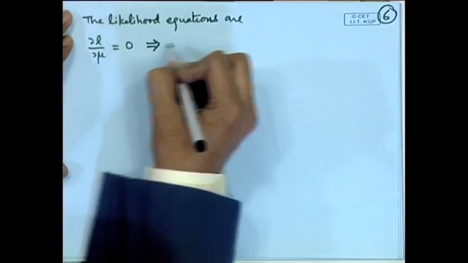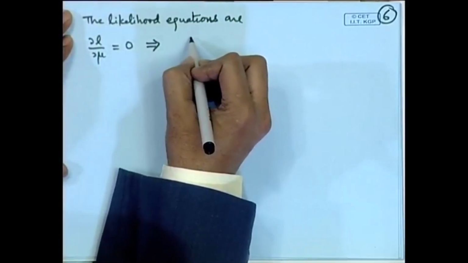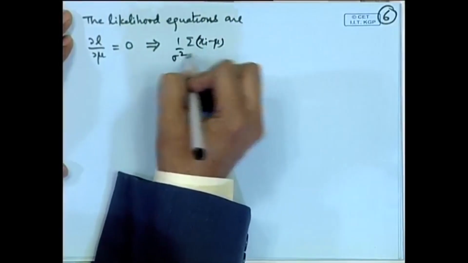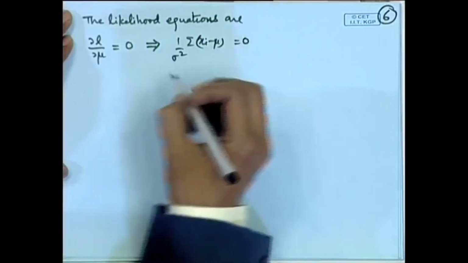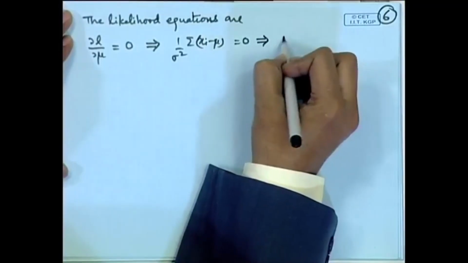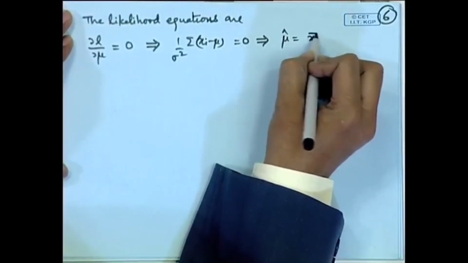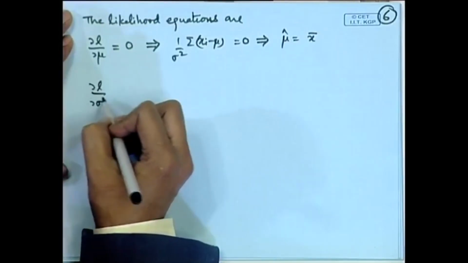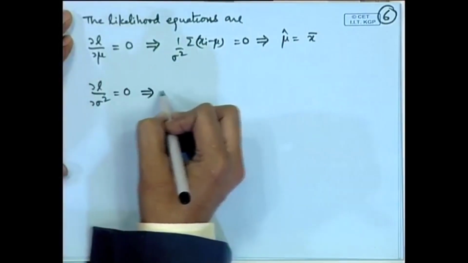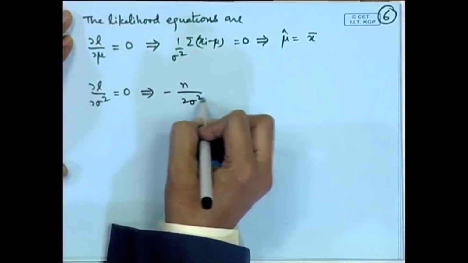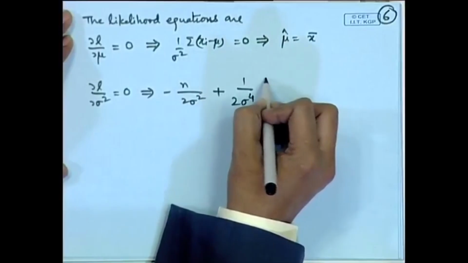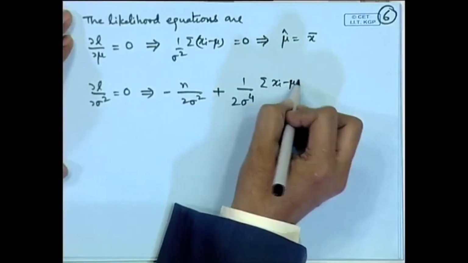That means sigma x i minus mu, times 1 by sigma square, is equal to 0, which will give mu hat equal to x bar, and del L by del sigma square equal to 0, that gives minus n by 2 sigma square plus 1 by 2 sigma to the power 4 sigma x i minus mu whole square.